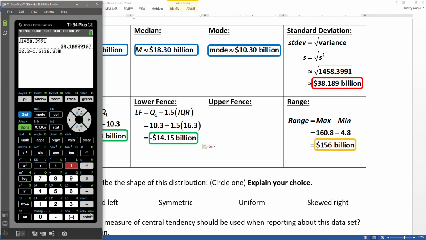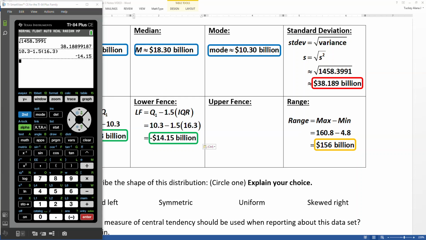Close parentheses, enter. So what you don't want to do is do 10.3 take away 1.5 first because of order of operations, right? Please excuse my dear Aunt Sally, PEMDAS. Multiplication, 1.5 times 16.3, wins out over subtraction. So you have to do the multiplication first and then do the subtraction. But if you type it all at once, your calculator knows the correct way. So it will do it all at once if you just type it in one line.